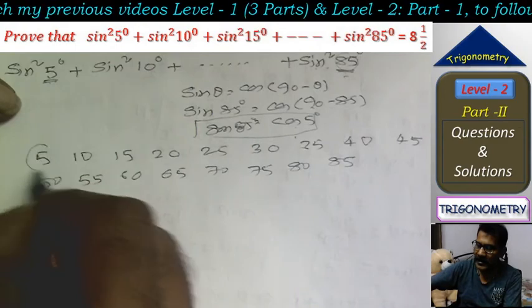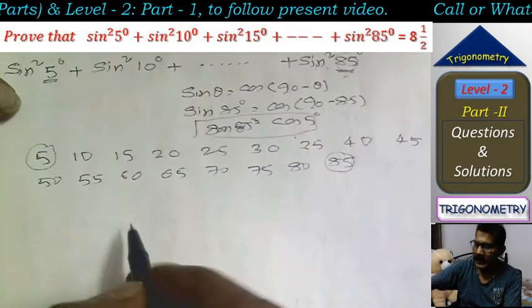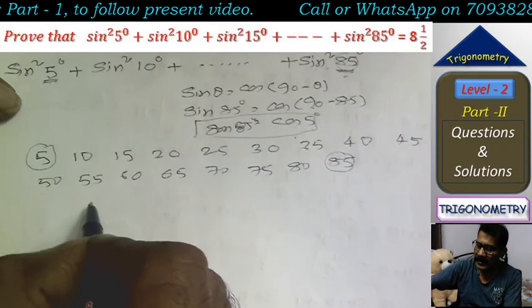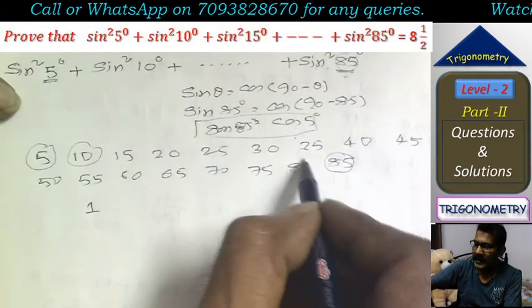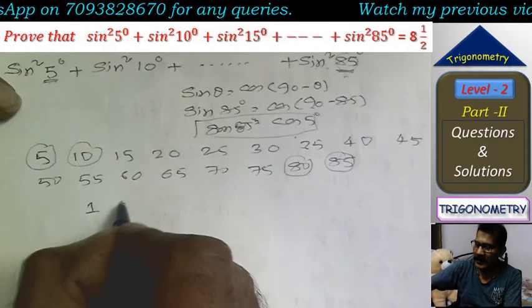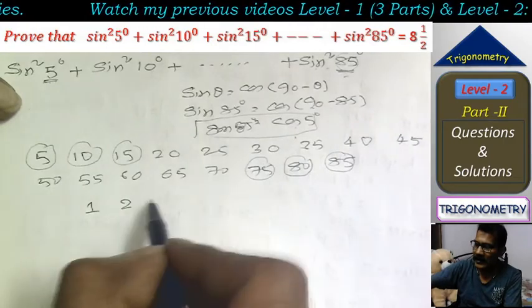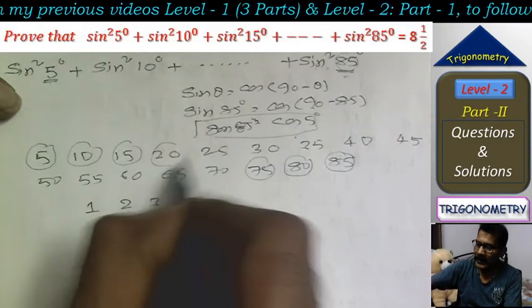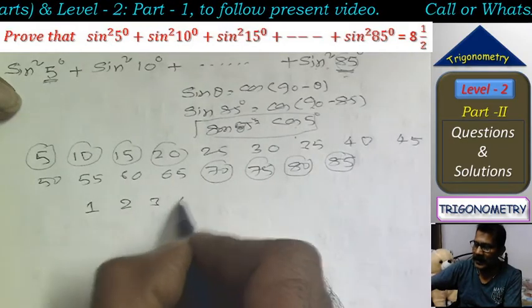How many pairs are there? We find out. 5 and 85, pair 1. And 10 and 80, sum 90, that is pair 2. And 15 and 75, pair 3. 20 and 70, which makes sum 90, pair 4.